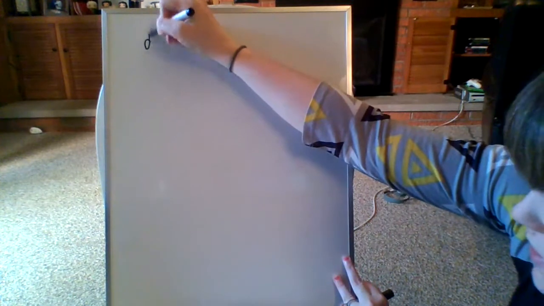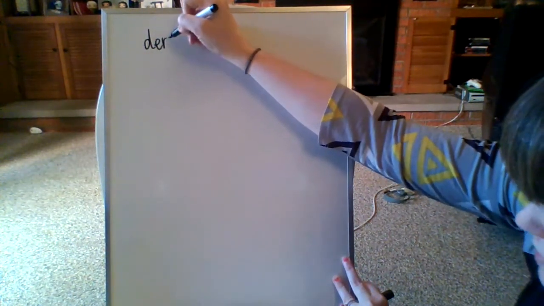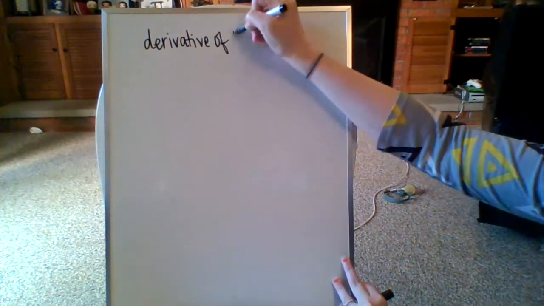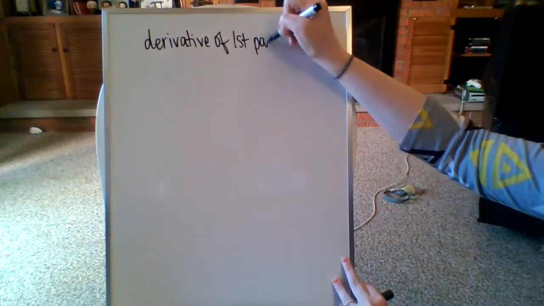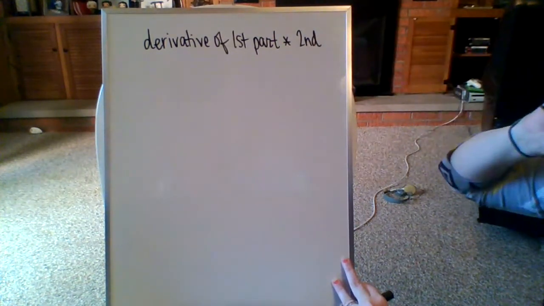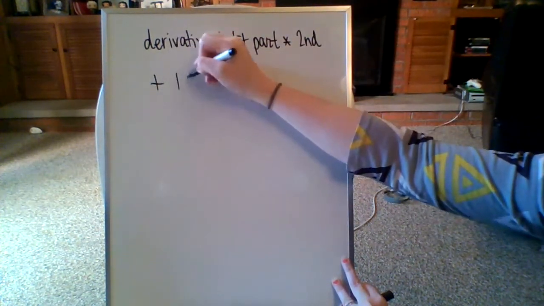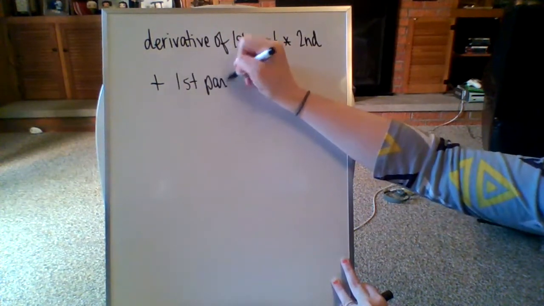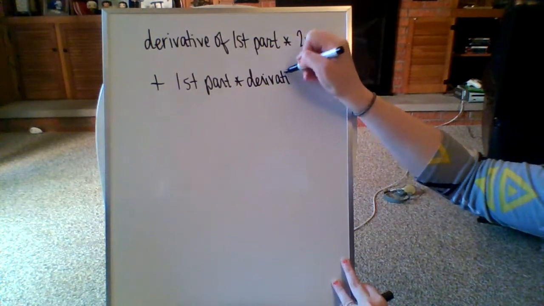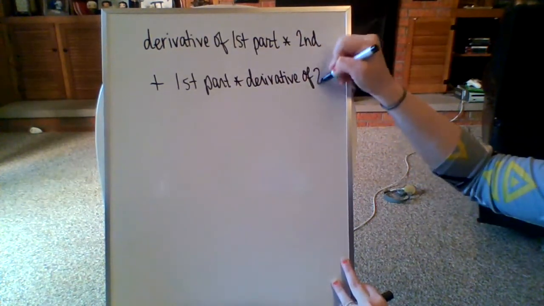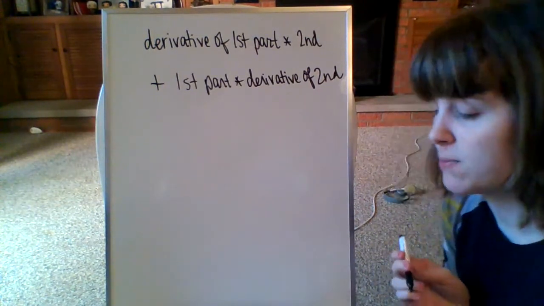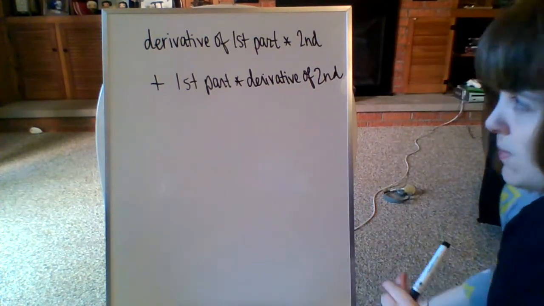So, we have derivative of the first part times second part plus first part times derivative of the second part. Okay, so I don't know if you remember us doing that before or not, but that's what we're going to do on this problem.